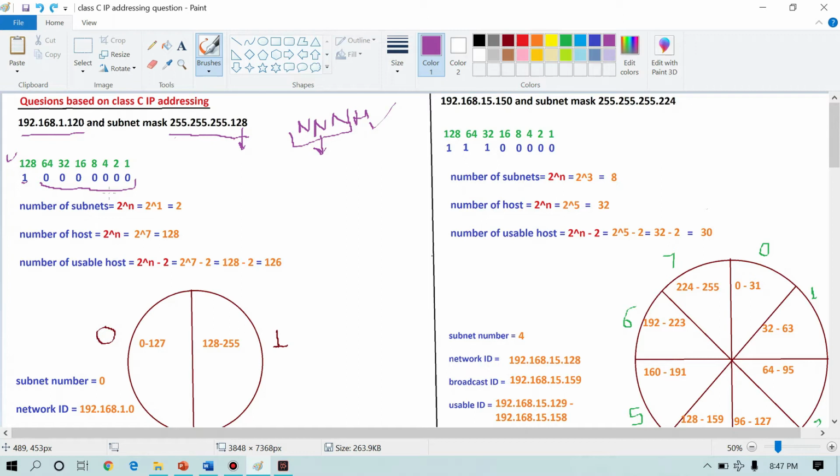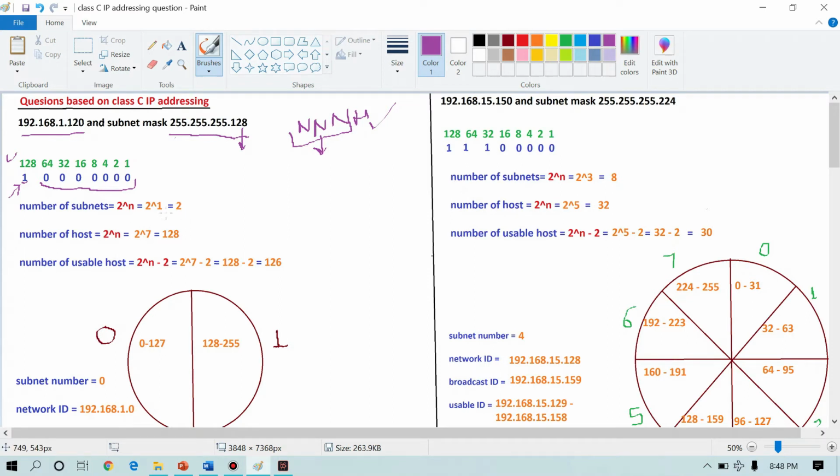Whenever we have ones, we count them as the number of network bits, and whenever we have zeros, we count them as the number of host bits. Here we have only one network bit, so we have written 2 to the power 1, which is 2.